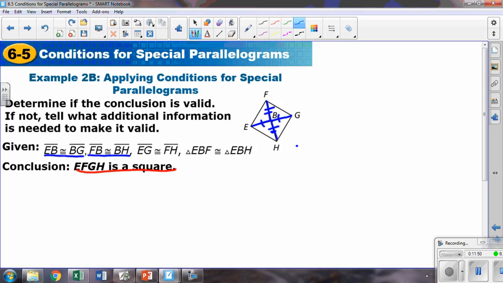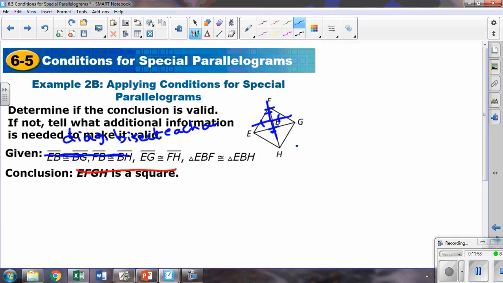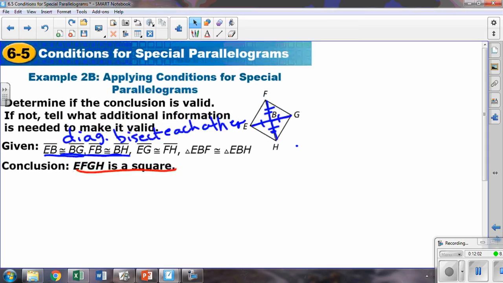These two things show us that the diagonals bisect each other. And we know from our earlier work that if the two diagonals bisect each other, that piece of information in the blue tells us that we have a parallelogram.